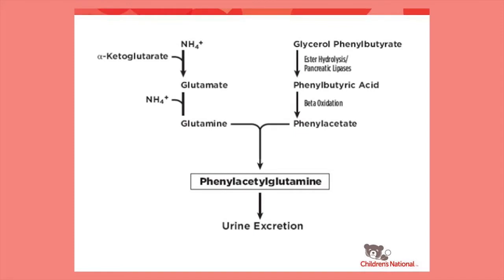In other words, over the course of a day, there are fewer peaks and troughs of phenylbutyrate by giving glycerol phenylbutyrate. It's a fat, so it takes longer to break down. Phenylbutyric acid takes about 30 minutes to an hour to convert to phenylacetate. So these steps take a little more time, and acutely they will take longer to work.